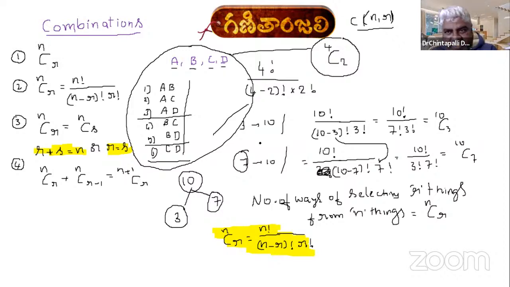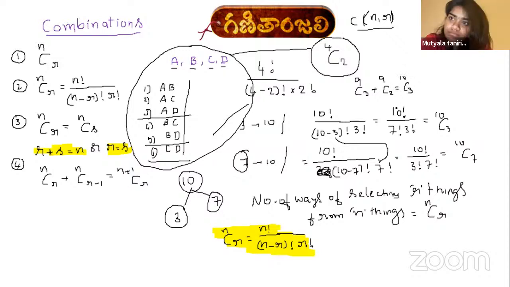For example, 9C3 plus 9C2 is equal to 10C3. The difference for the lower index is only 1, then 1 is added to the top index, and the bigger lower index value is taken.